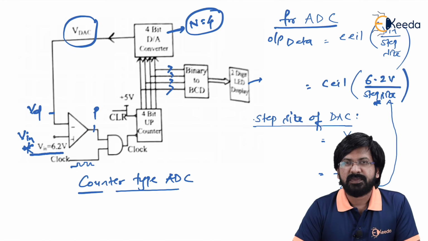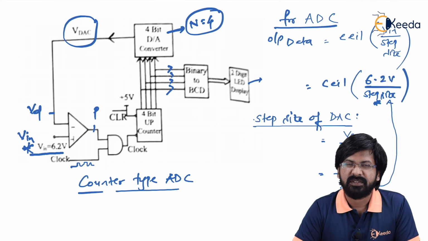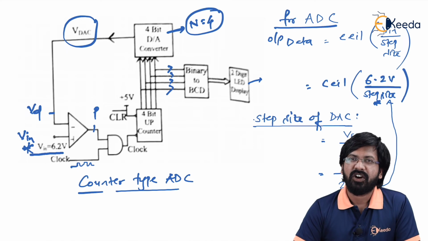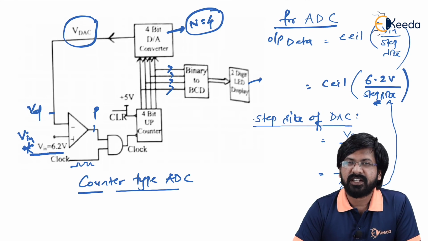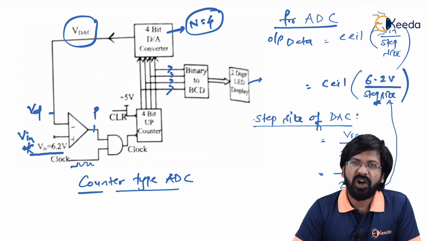If you remember, step size is also defined as the smallest change in output possible, or smallest possible change in output. This is what we call step size. Or I have also defined step size as nothing but the output which is generated for inputs as all zeros and with LSB equal to 1.